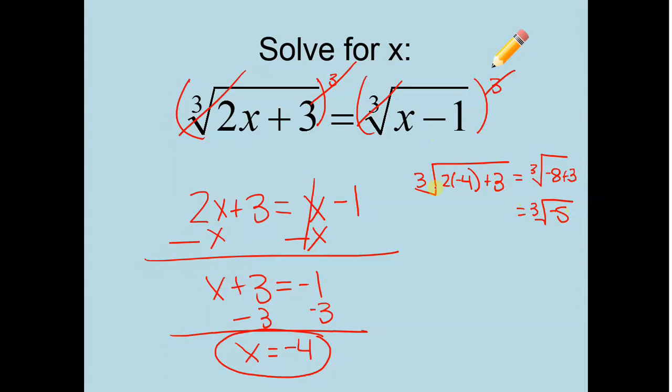Let's see what the other side gives me. Cube root of negative 4 minus 1, which is the cube root of negative 5. They match. Wonderful. I have checked it out. It has worked.